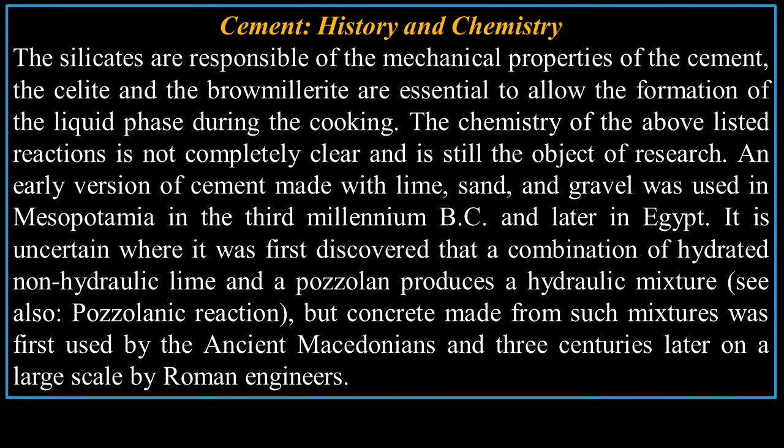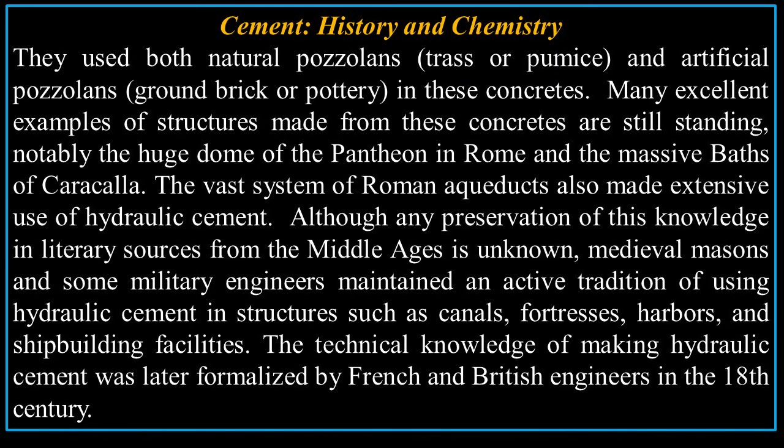But concrete made from such mixtures was first used by the ancient Macedonians, and 3 centuries later on a larger scale by Roman engineers. They used both natural pozzolans, trass or pumice, and artificial pozzolans, ground brick or pottery, in these concretes.